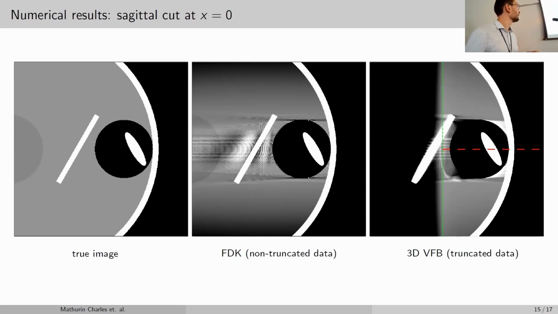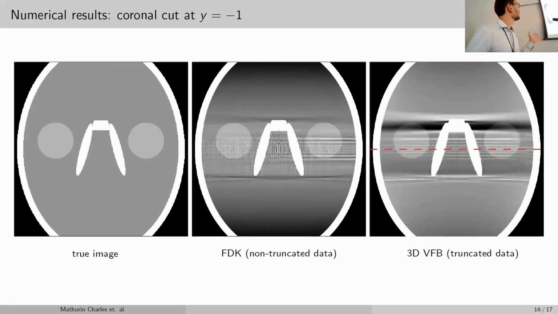So basically, we see a stronger artifact for our formula. On this slice, it is even more clear. We see a big black streak artifact with our formula, and this is stronger than the artifact obtained with the FDK.